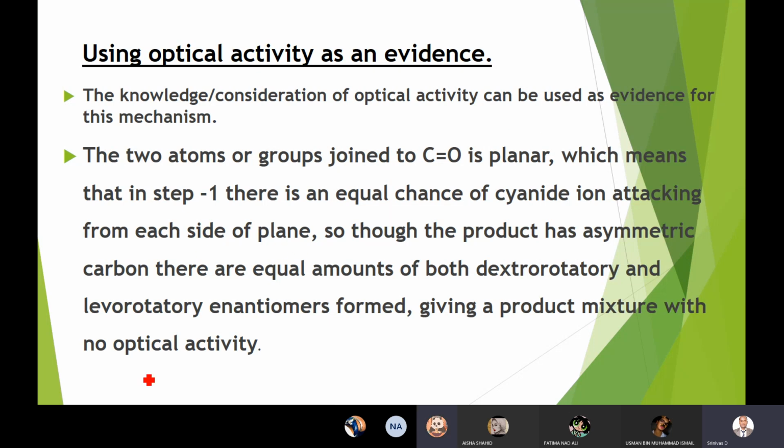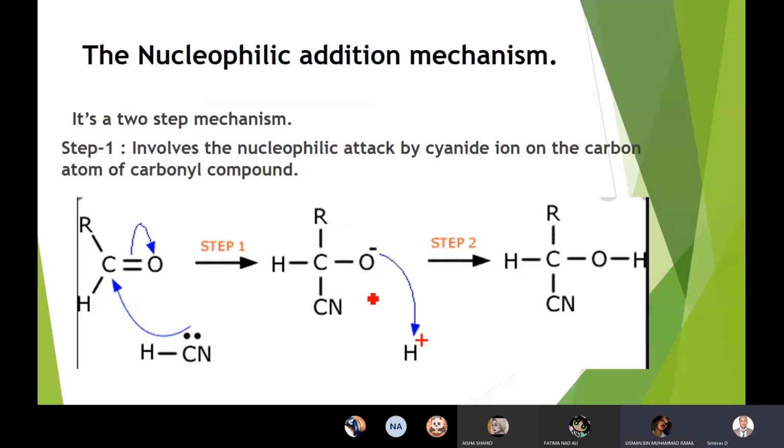So the formation of a compound with no optical activity proves that the mechanism of addition of HCN onto a carbonyl compound might have taken place in this way. Any questions? No, sir. My overall idea is this: now this is a carbonyl, this carbon is planar, and these groups are on the same plane.